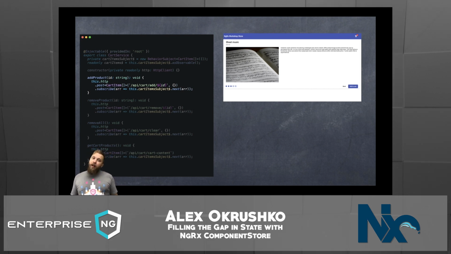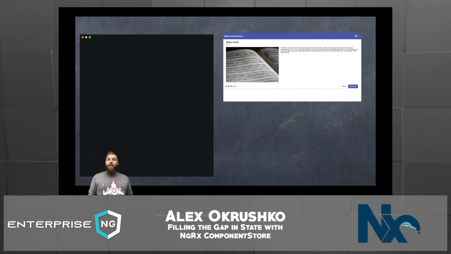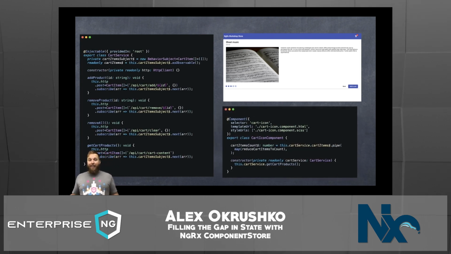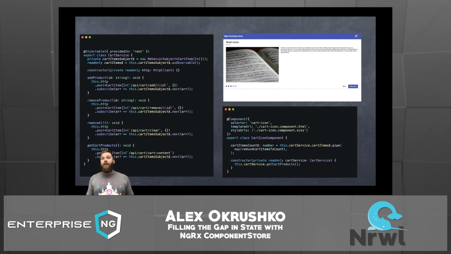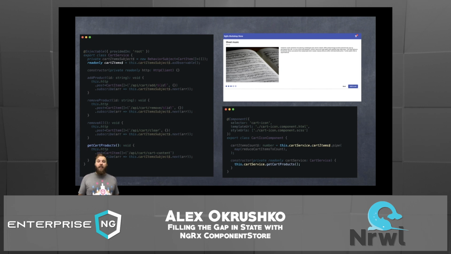It works really well because now our component still doesn't care what's changing the data, who's adding products, who's removing products. All it needs to know is that this cartItems is changing over time, it's observable, and that observable is reduced to a count and basically displayed in our cart icon like this.